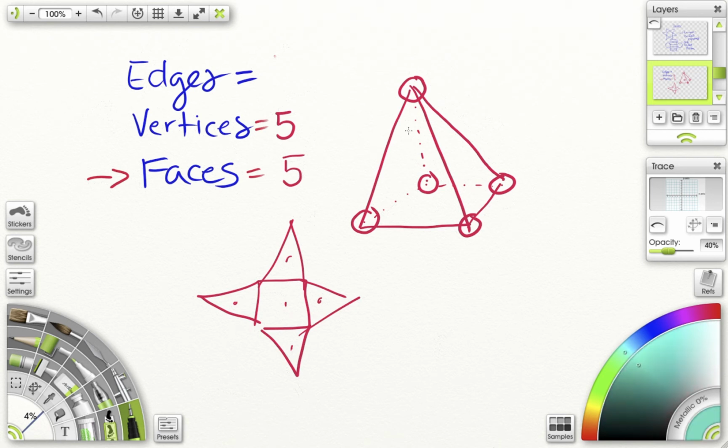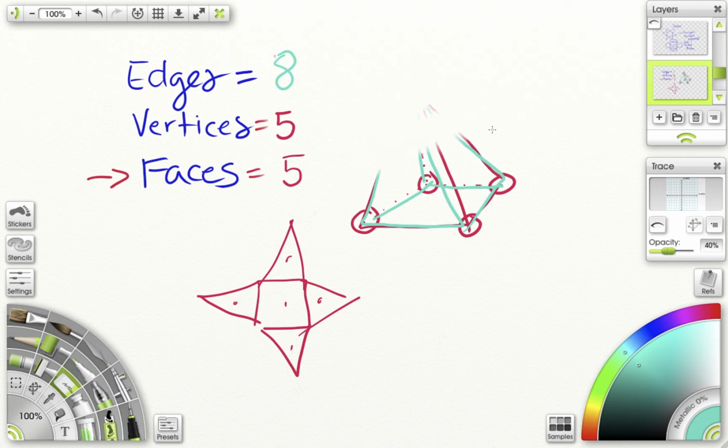I'm just going to use a different color and we're going to count 1, 2, 3, 4, 5, 6, 7, 8. It has 8 edges. Okay. You're going to start noticing a pattern.